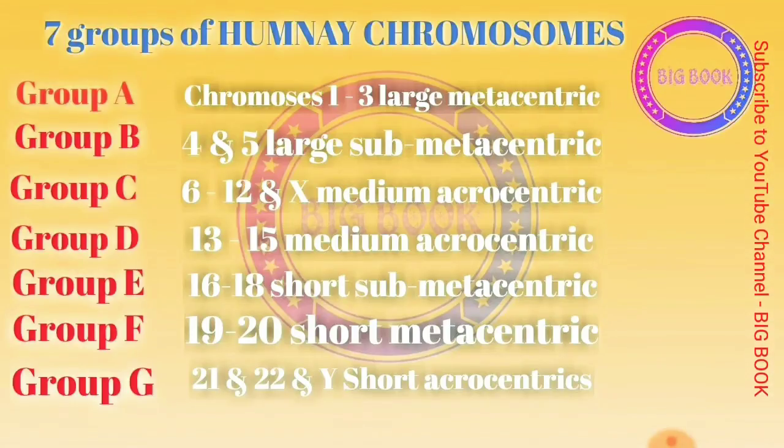Group E will have 16, 17, 18, short submetacentric chromosomes, and group F will have 19 and 20, short metacentric chromosomes, and group G will have 21, 22 and Y, short acrocentric chromosomes. Here you can understand that chromosome Y belongs to group G, and chromosome X belongs to group C.